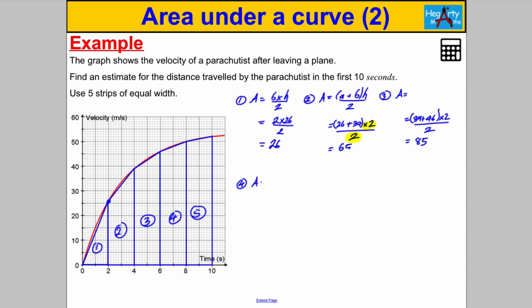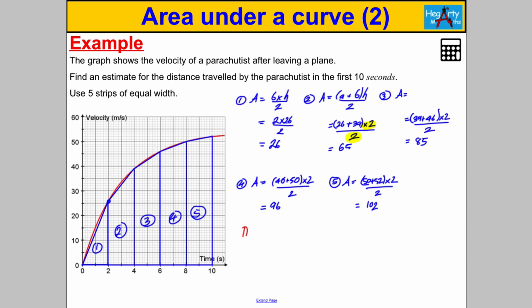So for the fourth one, we're getting ourselves 46 add 50 multiplied by 2 and divided by 2, and that gives us the answer 96. And the last one, the area is going to be 50 add 52 multiplied by 2 and divided by 2, which actually gives us 102.